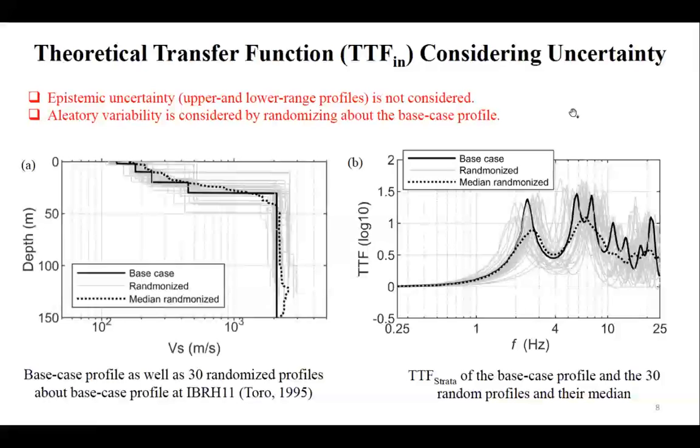In the computation of a theoretical transfer function based on ground response analysis, we consider the aleatory variability in velocity profile by randomizing about the base case profile. However, we did not consider the epistemic uncertainty by using upper and lower range profiles, because previous studies have shown that the upper and lower range profiles fail to reproduce some site signatures like resonant frequency.